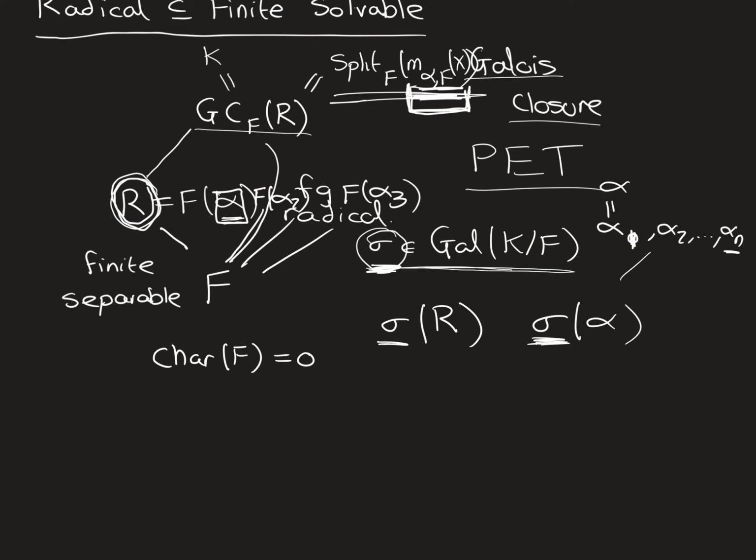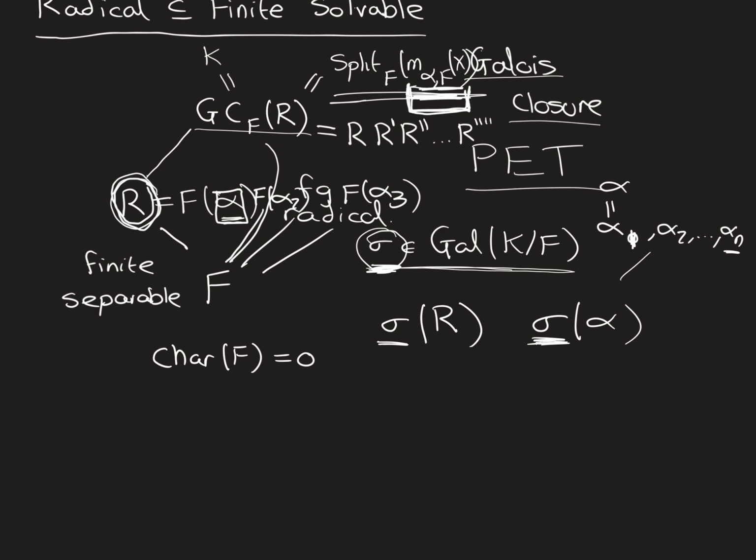They're all radical extensions. And the Galois closure of R over F is then going to be the compositum of all of these. So it's going to be the compositum of R with all of its images. I don't really know how best to write this. So you would want all of its images. So let's say R prime, R double prime, maybe; this is just notation that I'm making up.